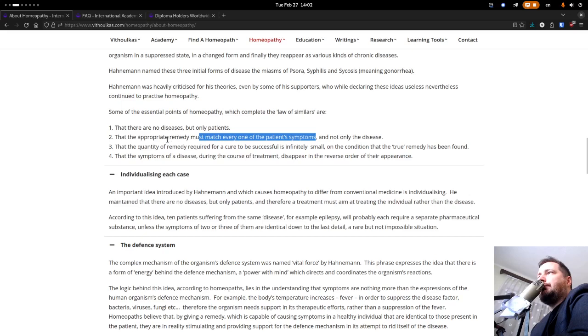The quantity of remedy required for a cure to be successful is infinitely small, on the condition that the true remedy has been found. So we only give one dose of a remedy in classical homeopathy, as if you have individualized a remedy well enough, it will initiate a healing reaction which does not require the repetition of a remedy or large doses, right?